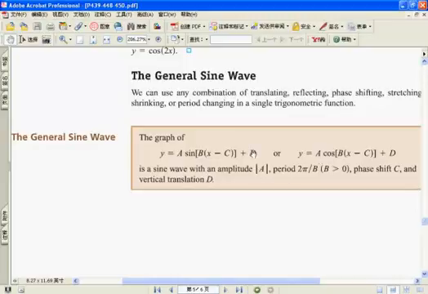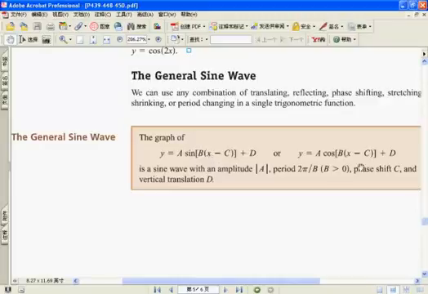And then we can determine the amplitude. The amplitude of these sine and cosine functions is equal to the absolute value of the coefficient a. And we can also get the period. The period is 2 pi divided by the coefficient of x.